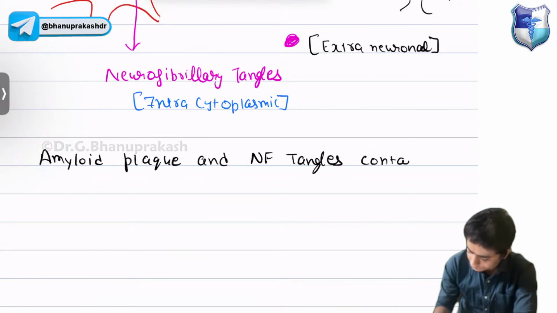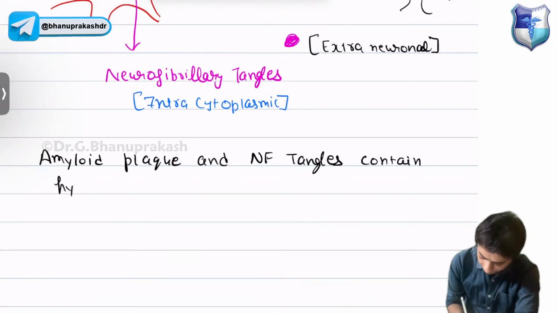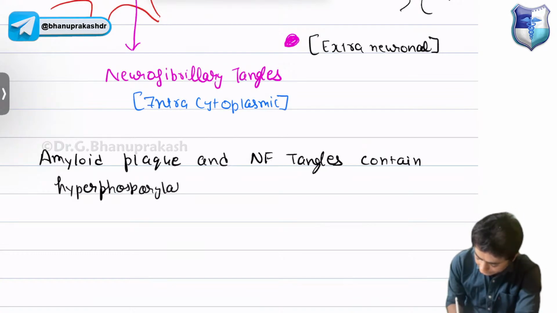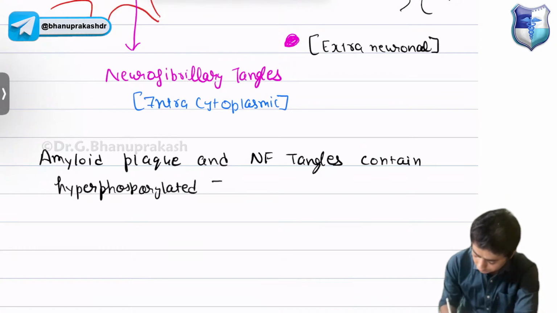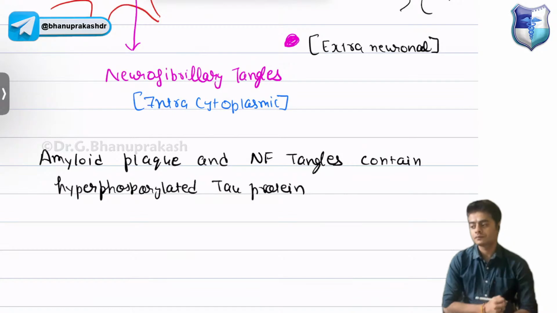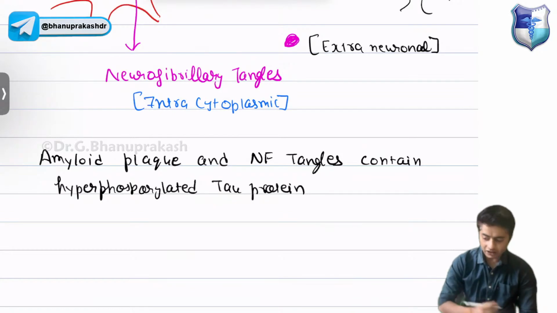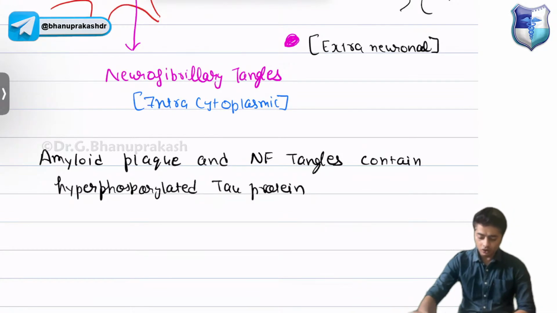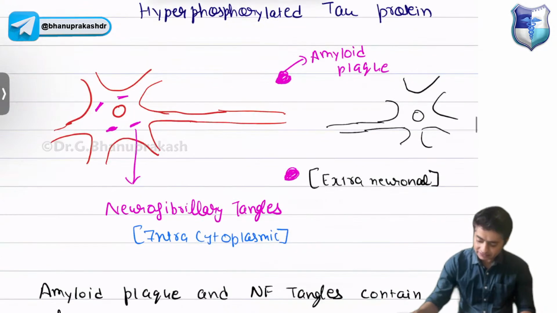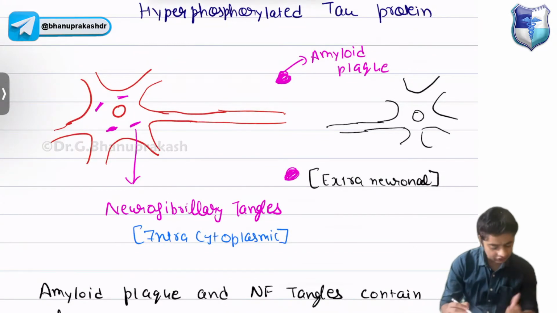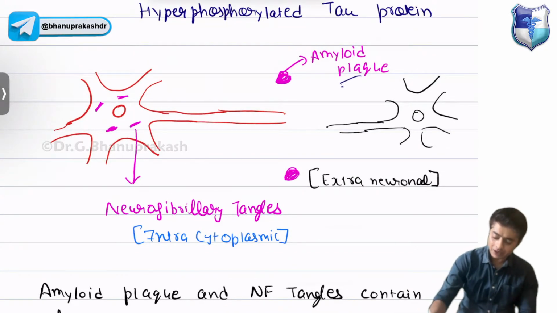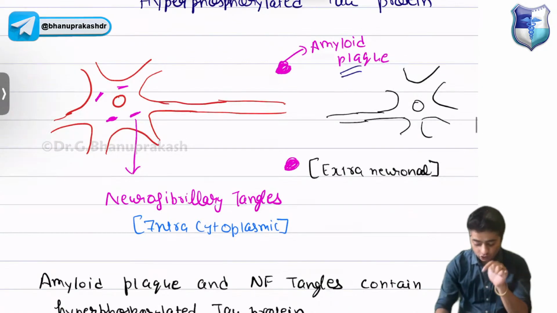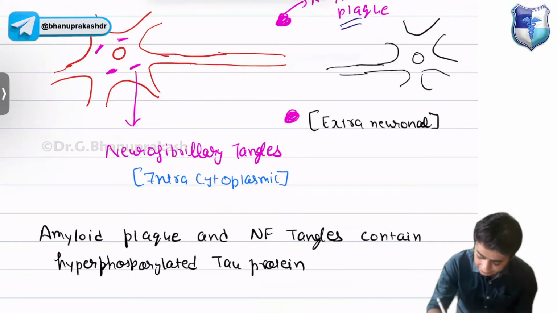They contain hyperphosphorylated tau protein. ठीक है? Done everyone? So in this diagram, we can see that this is amyloid plaque, and it is outside, and these neurofibrillary tangles are inside.